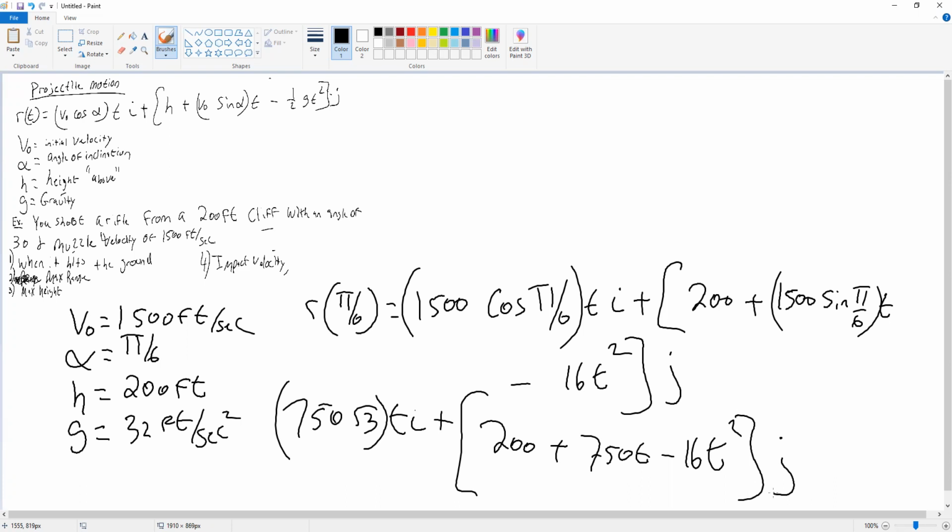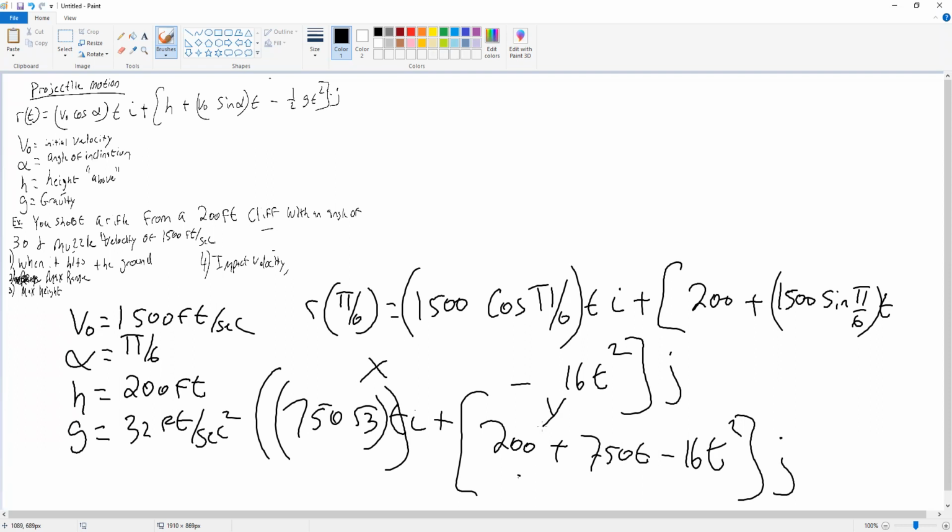This is the i component, so this is the x. This is the j component, the y. That's going to be parabolic like this. This is the thing that the guy did: he shot it in the air and it came back down. Exactly, that's the one.